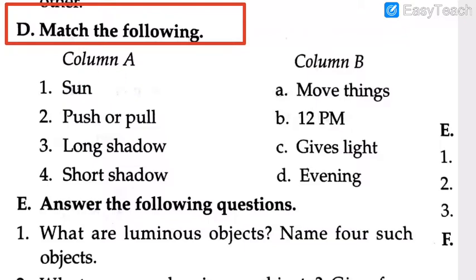Column A: sun, push or pull, long shadow, short shadow. So my dear students, question D contains 4 questions which I read. Options are also 4 on column B side. Option A, move things. Option B, 12 p.m. Option C, gives light. And option D, evening.